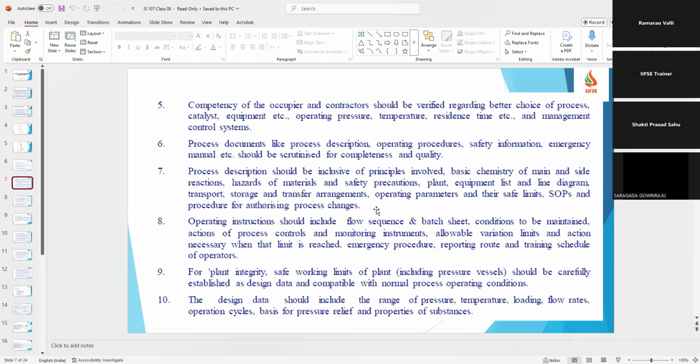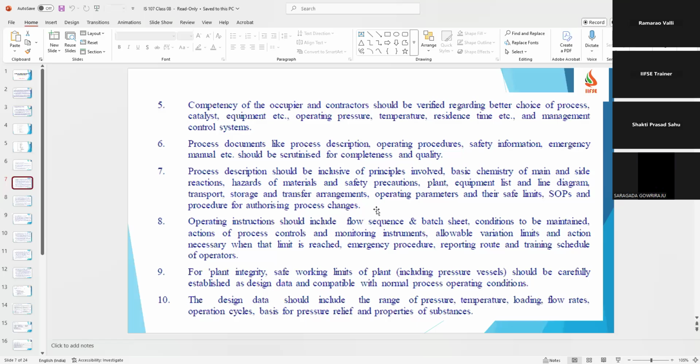So when we talk about process descriptions, it should give some basic information about the chemistry. For example, a production chemist who is operating the reactor should know how to operate that reactor, what are the various controls in that reactor, which are attached to the reactor.